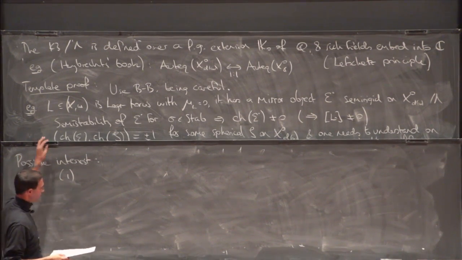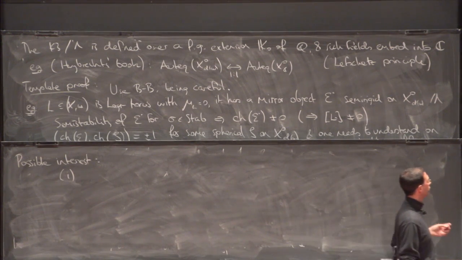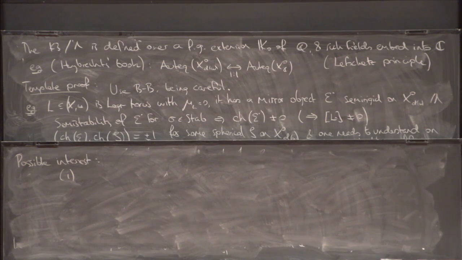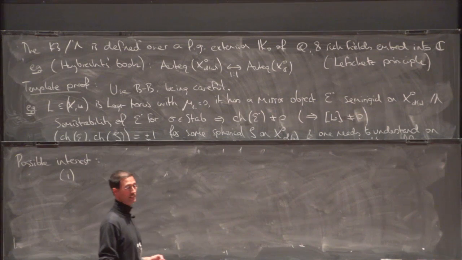So as Daniel explained, for a generic or a general cubic fourfold, this Kuznetsov category is not the derived category of sheaves or twisted sheaves on an actual K3 surface.